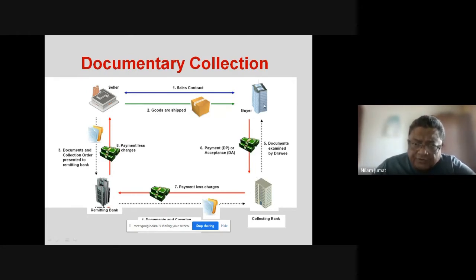Under DP also, he didn't give the money because he didn't want the goods, right? Now you say, no. Under DA, if he doesn't give the bill of exchange, does not matter. Evaluation bank has to pay. That will be your understanding. Very important, okay?